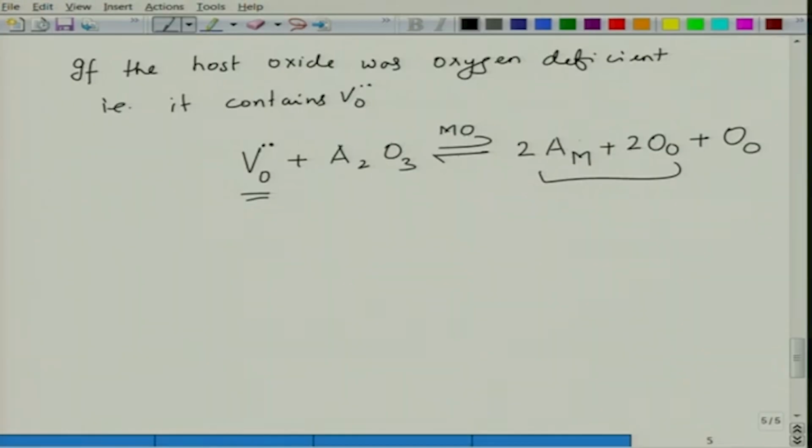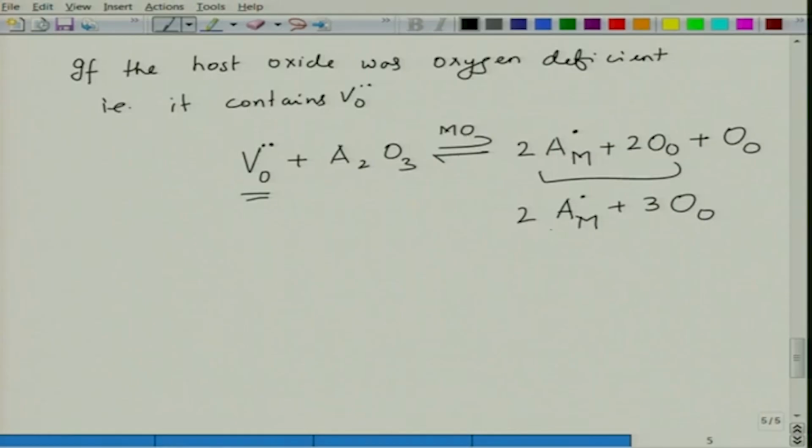So, you can write this as 2... this is positively charged, this is again positively charged. So, you have positive charges balancing each other, the sites balancing each other, and so essentially you can write this as 2 Am dot plus 3 Oo.